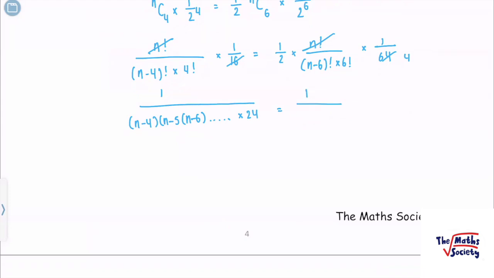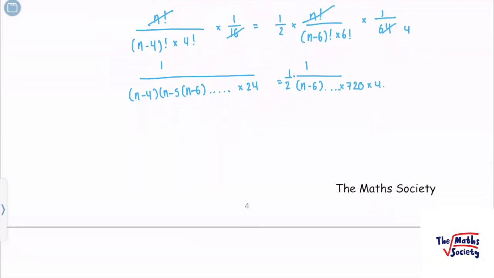1 by 2 multiplied by n minus 6 factorial. So if it's n minus 6 factorial, so n minus 6, n minus 7, and it goes on and on and on. And that's going to multiply with 720 multiplied by 4 because it's factorial. And then because it's n minus 4, you can cancel these ones out.